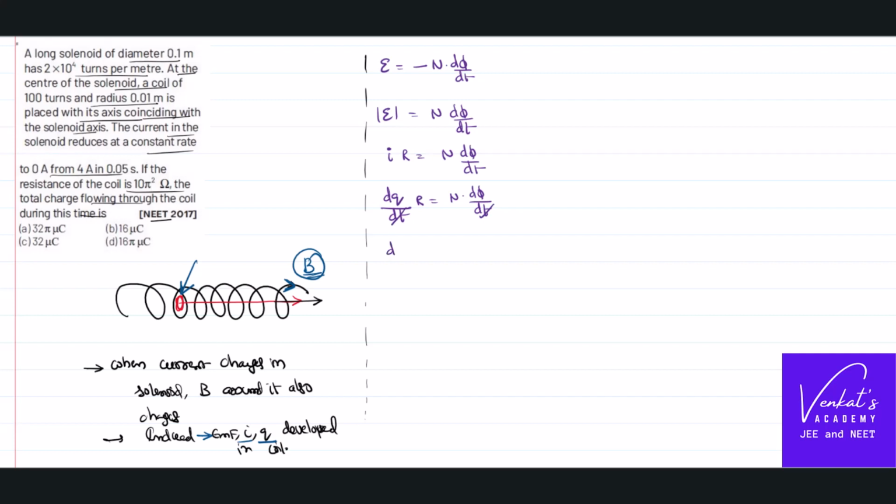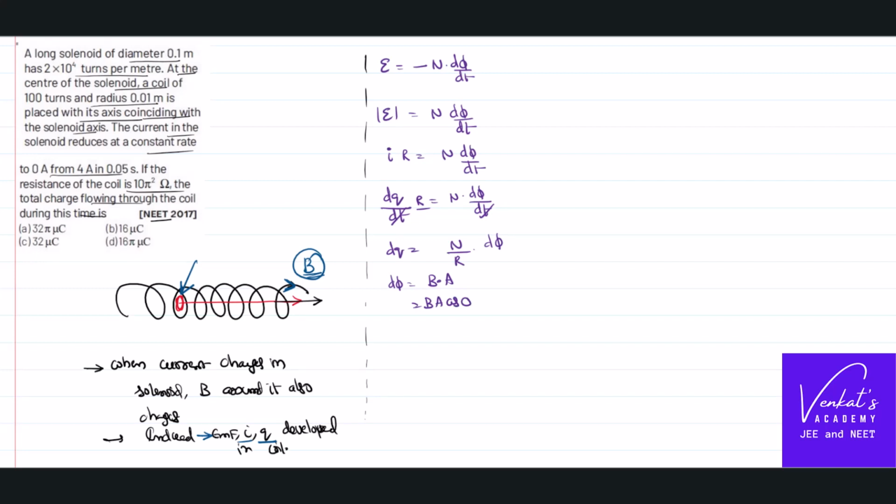So dq can be written as N by R d phi, where N is the number of turns and R is the resistance. What is d phi, the change in the magnetic flux? It is B dot A, that is BA cos theta. But I say the angle is 0.